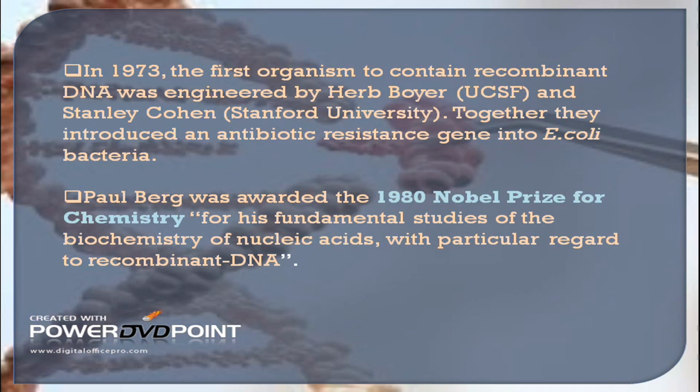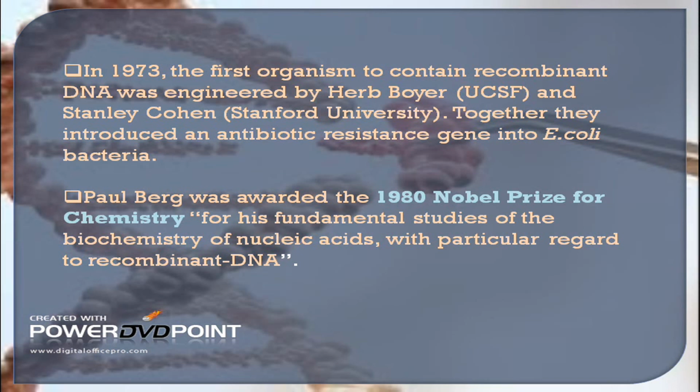After the production of the first rDNA molecule, the first organism to contain recombinant DNA was engineered by Herb Boyer from University of California, San Francisco, and Stanley Cohen from Stanford University. Together, they introduced an antibiotic resistance gene into E. coli bacteria.